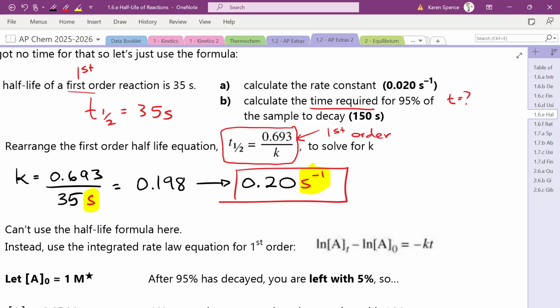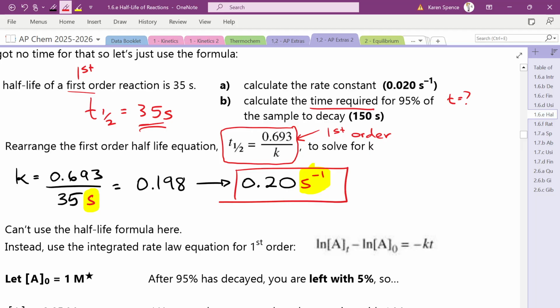We've got 35 seconds, so 2 sig figs. That's not a perfect number, because how did you find 35 seconds? You had to measure it. Anytime you measure it, it's not a perfect number. If they say exactly in the question, then it's an exact number. But so 2 sig figs here.